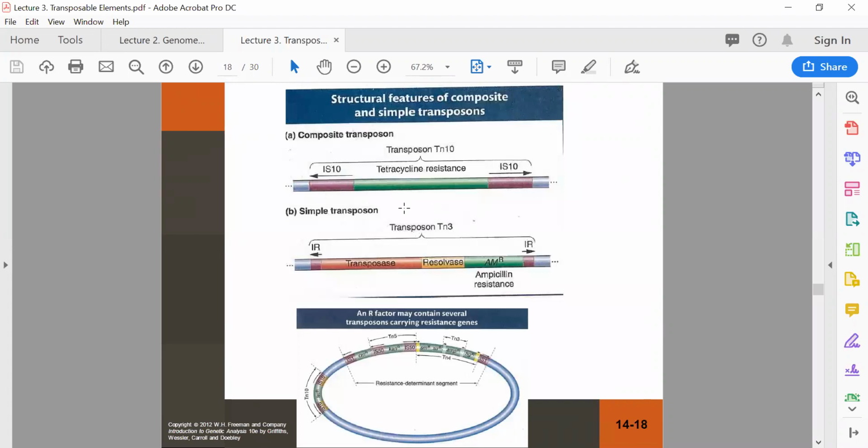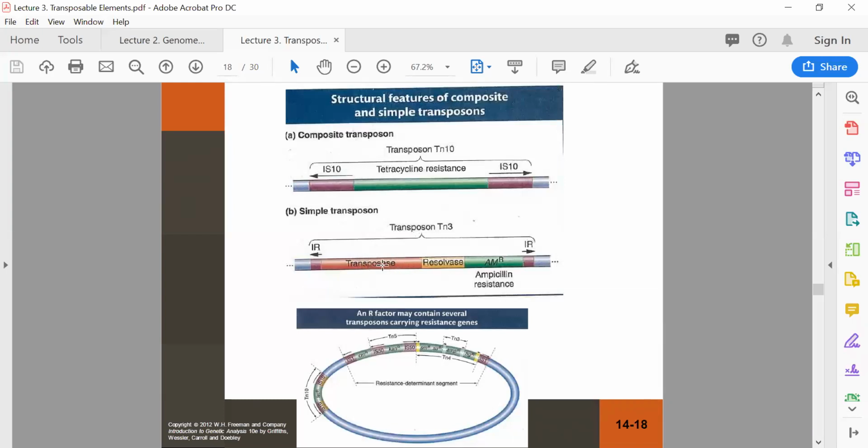All right, in B, we have an example of what's called a simple transposon. This one is called Tn3. And it also contains inverted repeats at either end, indicated by the IR. They run in reverse directions. But unlike the composite transposons, these IR regions lack the transposase gene. Instead, the transposase gene is here, in between the IR repeats.